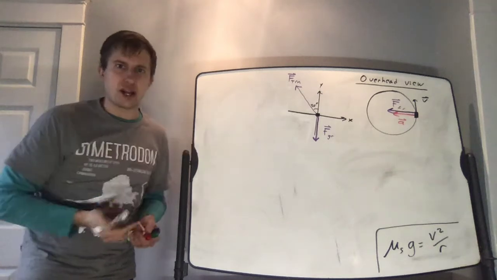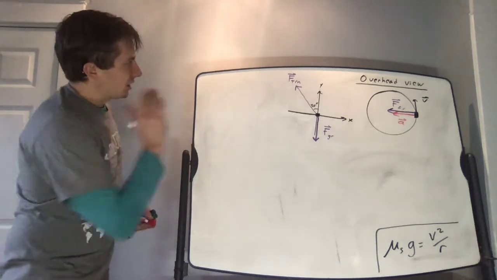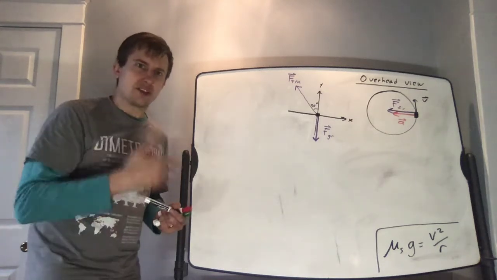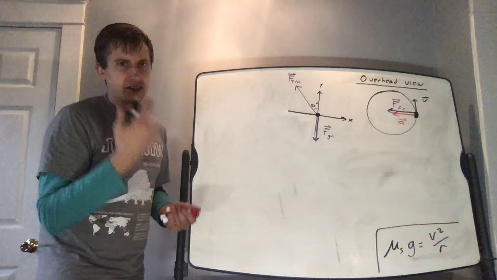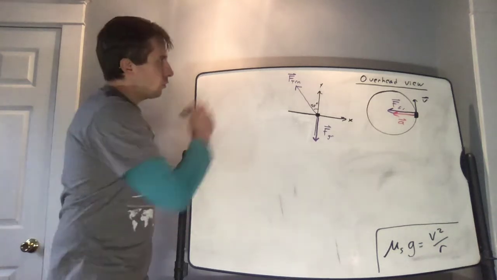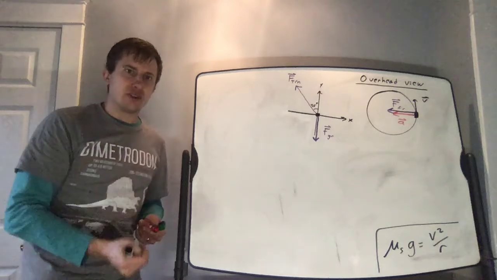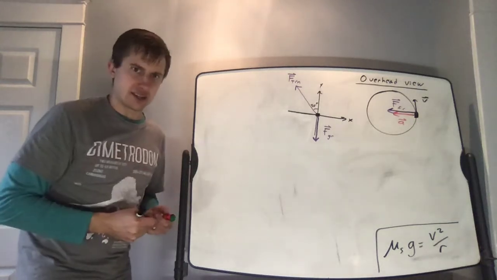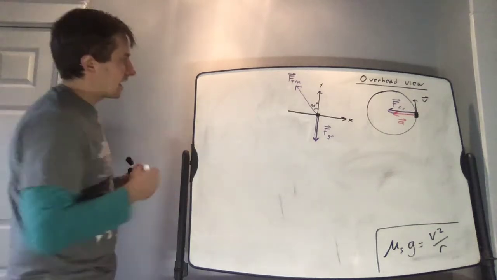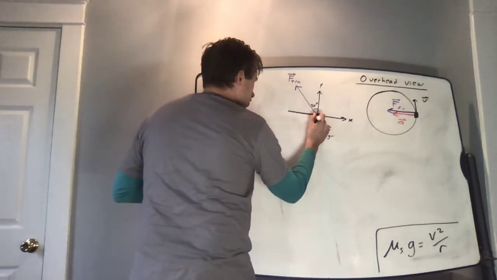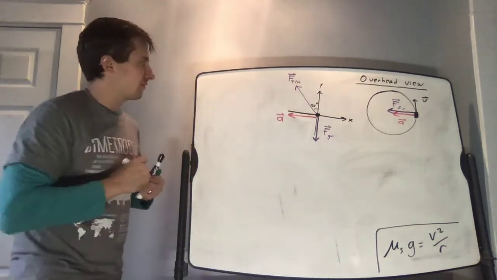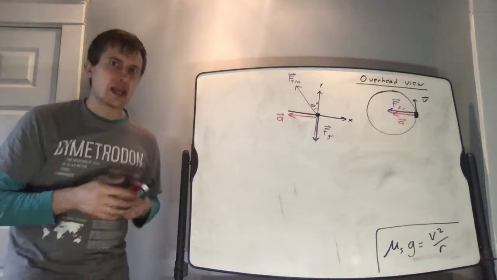If you look at the overhead view to the right, even though the dice move in a circle, the people in the car move with the dice at the exact same rate, at the exact same velocity, exact same acceleration as the dice. So from the perspective of the people in the car, the dice are going to be unaccelerated. But nevertheless, the dice still are accelerating, and the acceleration of the dice will point to the left. So I could draw the acceleration vector on this picture like so.